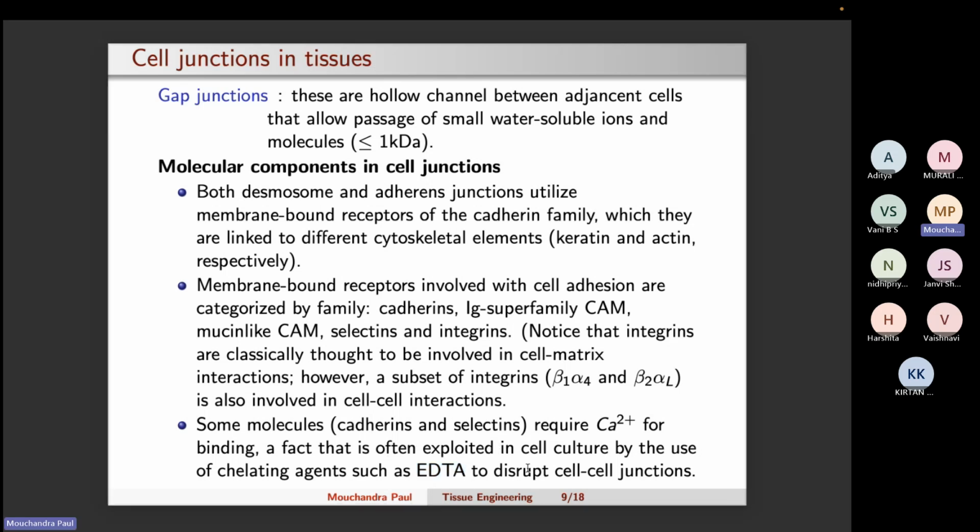We will actually see, very briefly in one class, how to handle cells. Because when you are going to make tissues, you need to isolate the cells from a patient or from an animal and then grow the cell number. And you have to do it in a well-controlled, sterile environment. How you do it, what kind of media you need, what steps are important, how you store these cells.